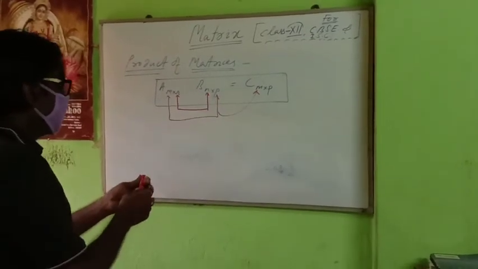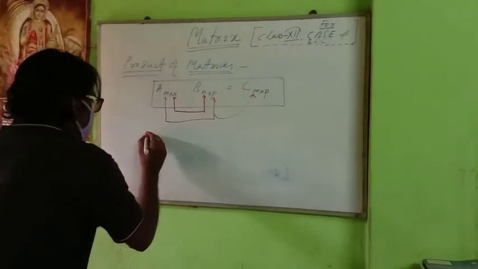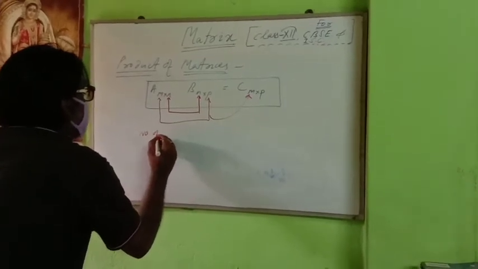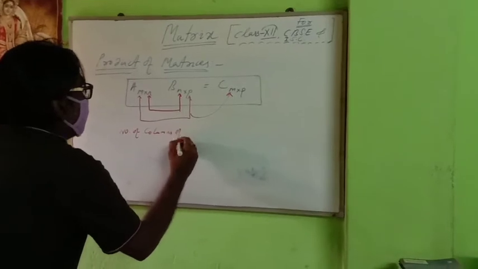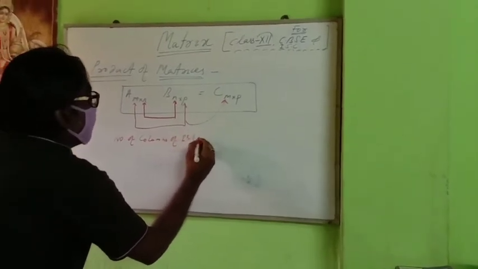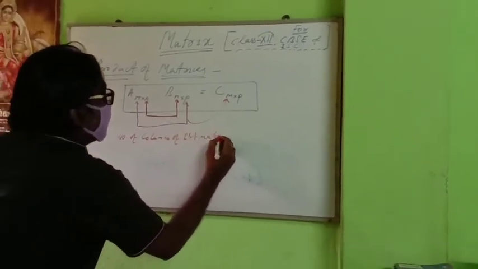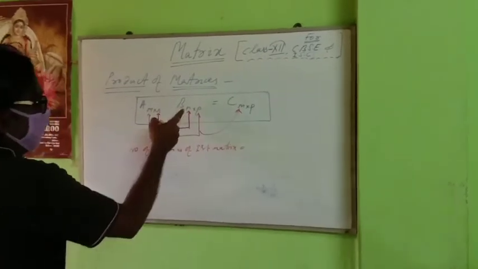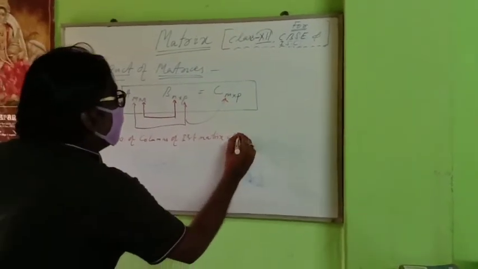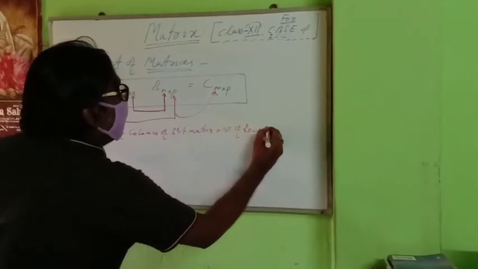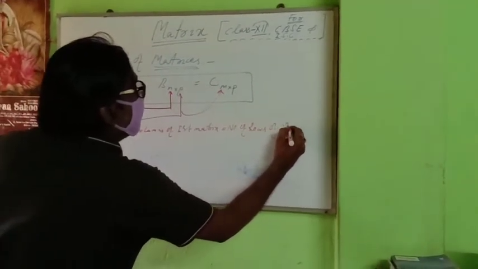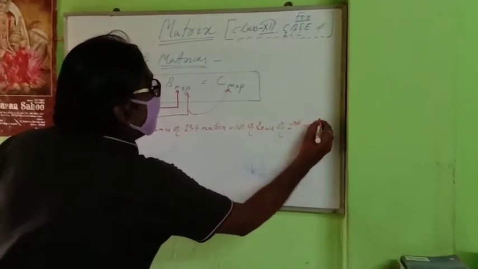Number of columns of the first matrix should be equal to number of rows of the second matrix. Then we can multiply.